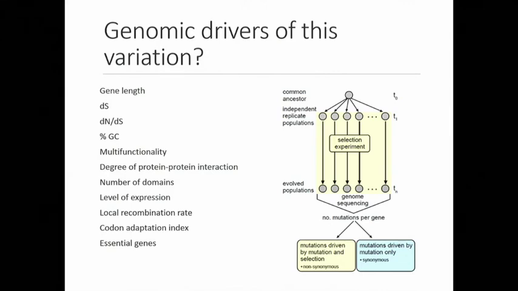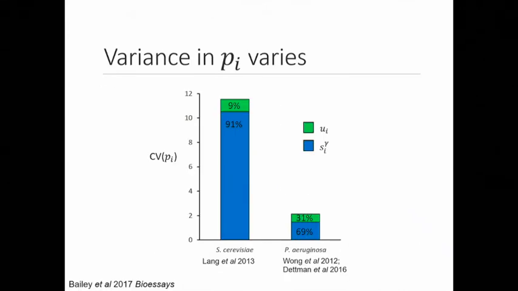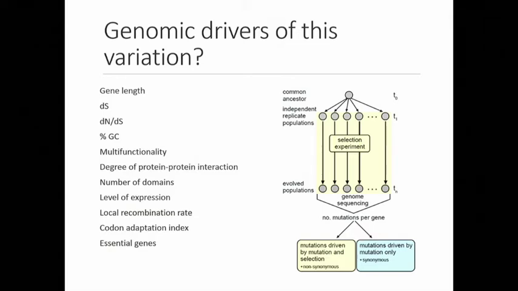So for this, we used the same experimental evolution data set that I showed you. Actually, what we used was this Saccharomyces cerevisiae data set, looking for a whole bunch of different potential explanatory variables that we could get data for.